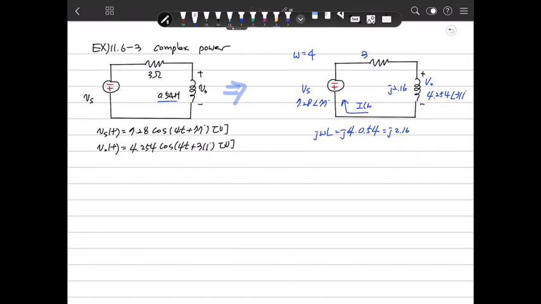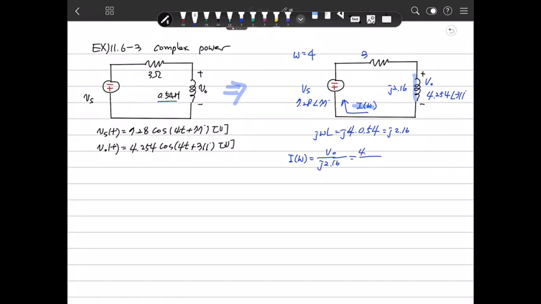The current goes through the inductor, so I can be calculated as VO divided by j2.16.